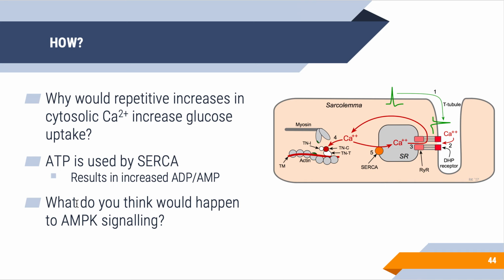So with each contraction, we're breaking down ATP, resulting in increased ADP and AMP. As we mentioned in class, increased ADP, increased AMP, or decreased ATP can signal for AMPK to come to the rescue to increase GLUT4 translocation and bring more glucose into that cell.